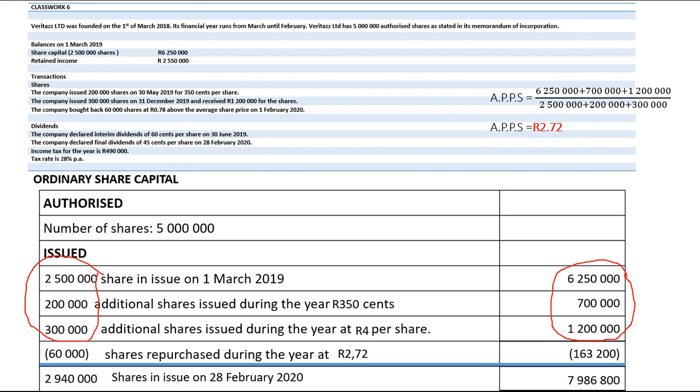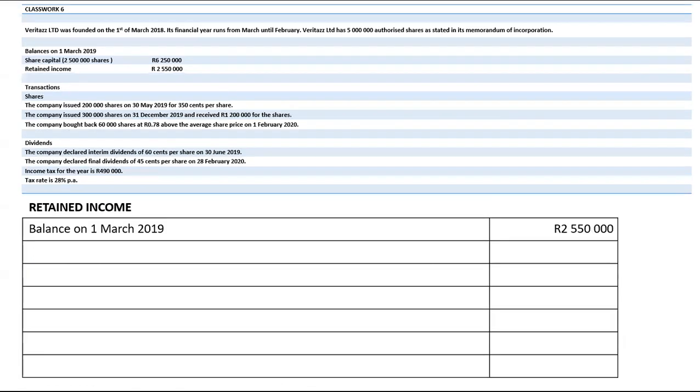Now, the loss due to buyback will result when our average price per share is less than the buyback price. And you were told here it was less than the buyback price by that 0.78 because they told you that the buyback price was 0.78 above the average price.